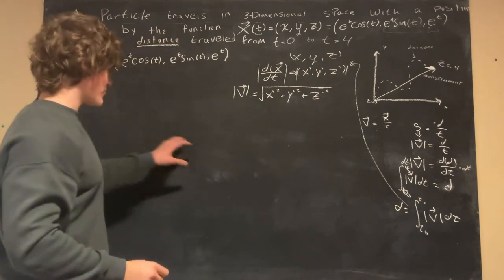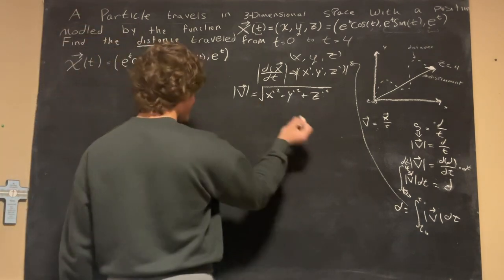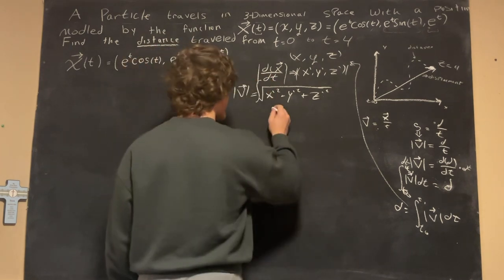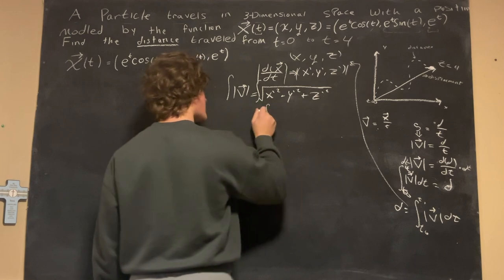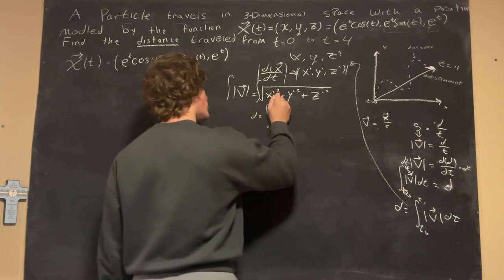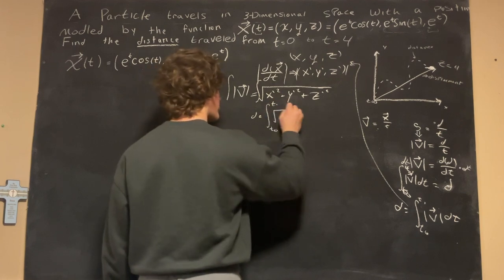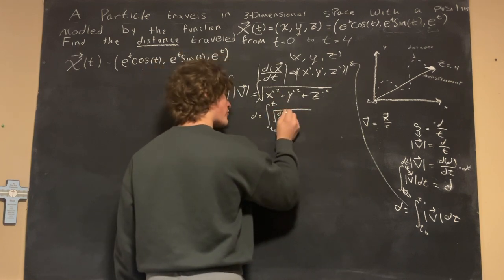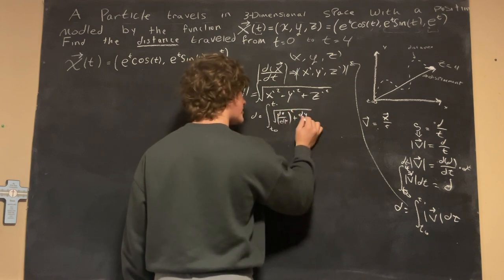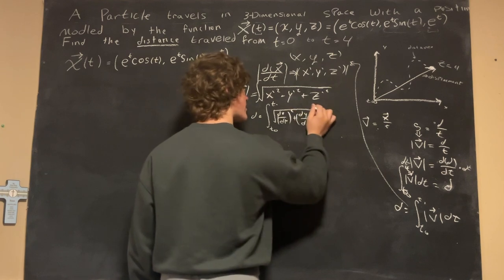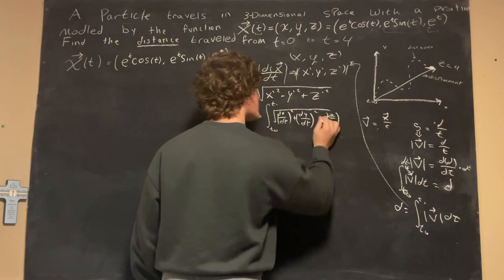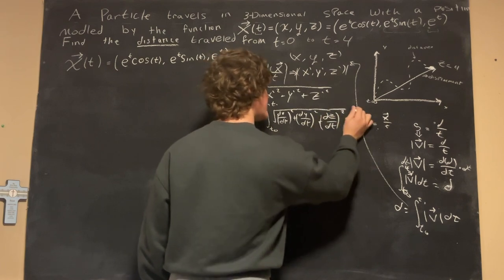I need to save some space over here for the algebra later. So when we integrate this, this says that our distance, so d is equal to the integral from t naught to t1 of the square root of dx over dt squared plus dy over dt squared plus dz over dt squared dt.